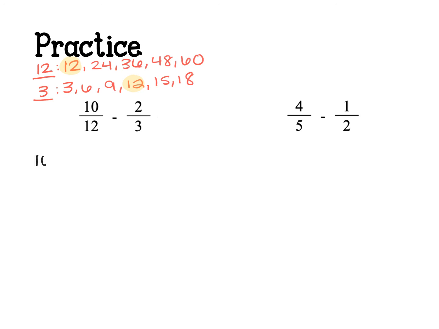So I need to change 10/12 to a fraction that has a denominator of 12. Well, I really don't have to do anything to it. I would just multiply by 1, right? So 10/12 can stay the same. For 2/3, I would need to multiply by 4.